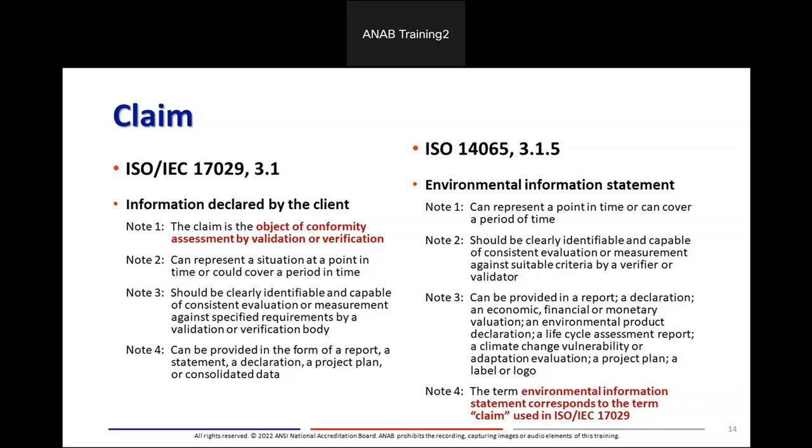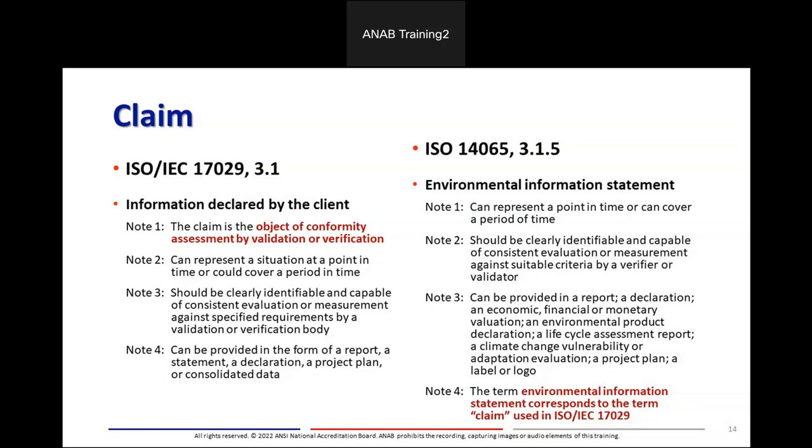Additionally, the claim should be clearly identifiable and capable of consistent evaluation and measurement against specific requirements. Keep in mind that a claim can be provided in various forms, such as a report, a statement, a declaration, a project plan, or even consolidated data.